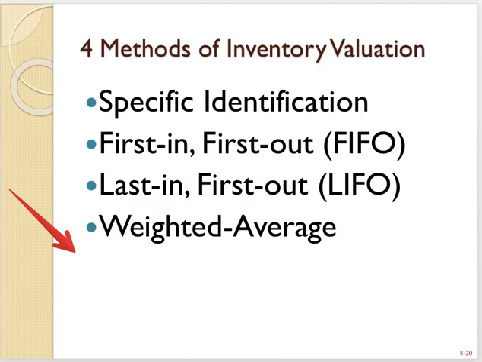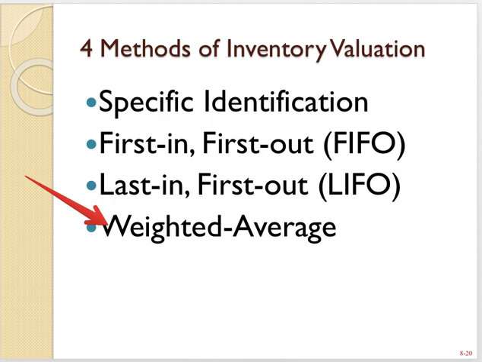Well, there are actually 4 different methods that you can use to come up with a number to put in the expense side of your sales entry. Specific identification, first in, first out, or FIFO, last in, first out, or LIFO, and weighted average.